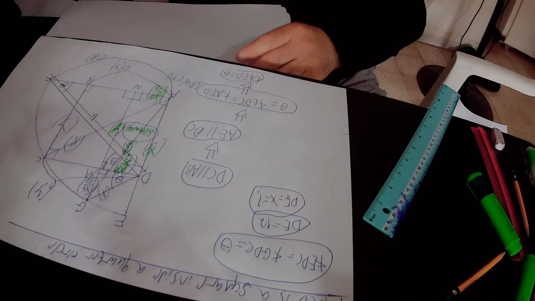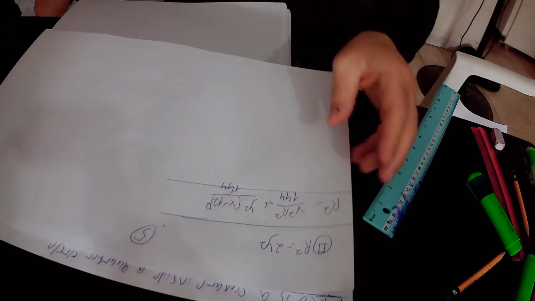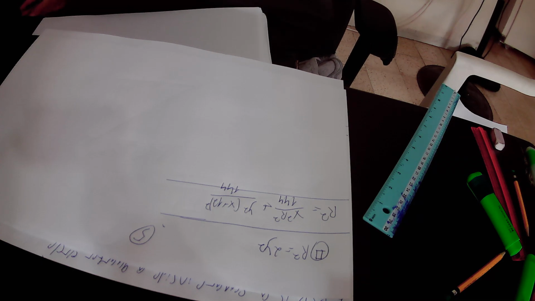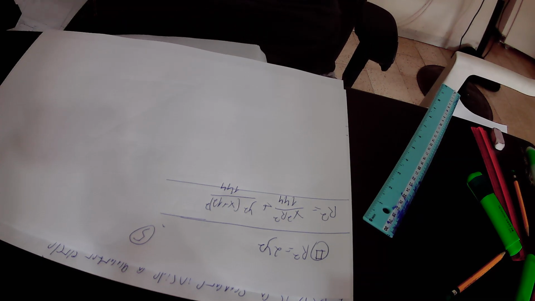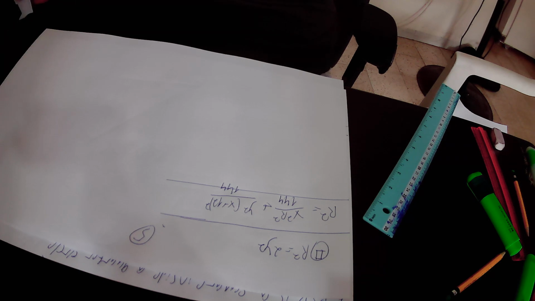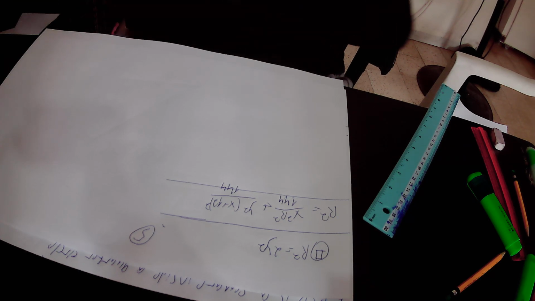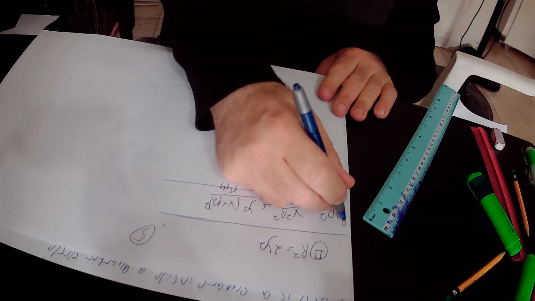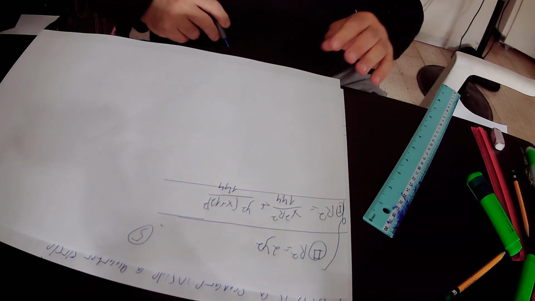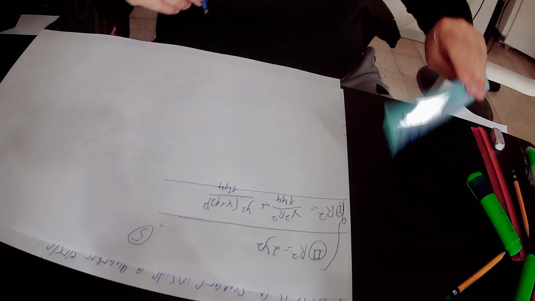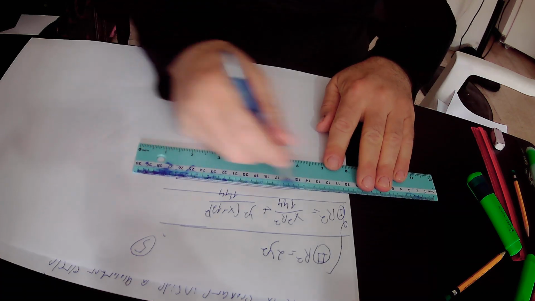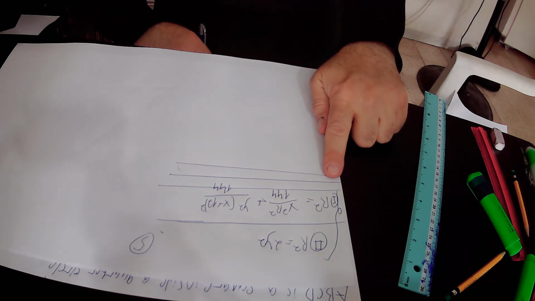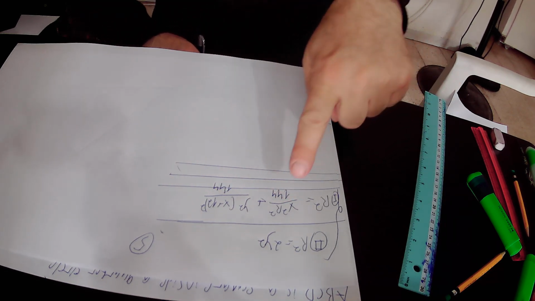So we have here two equations for R square. In the next step, we substitute R square in equation 1 by 2y square from equation 2.